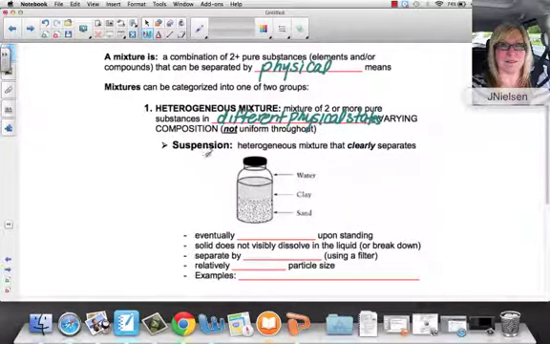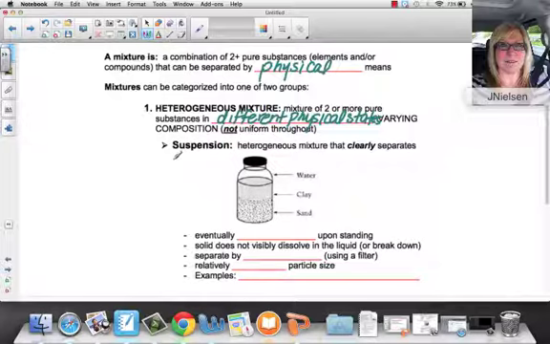It is not uniform throughout. So that could be like Italian salad dressing. It could be like chocolate chip cookie dough. You're not guaranteed the same amount of chips in each spoon of dough.